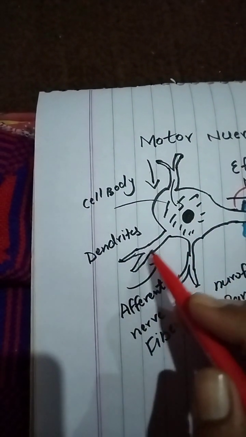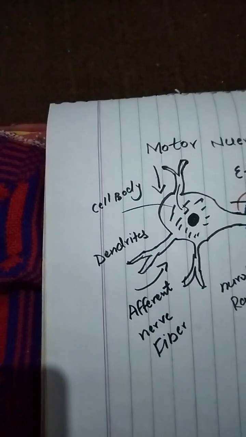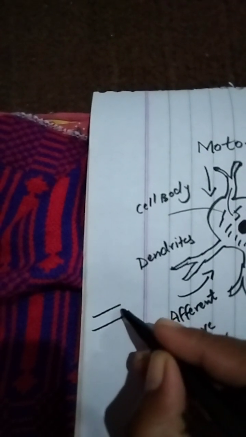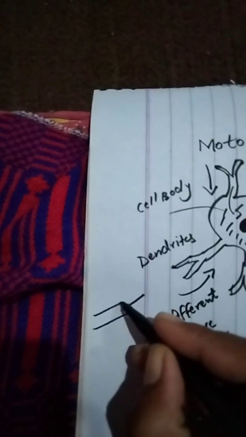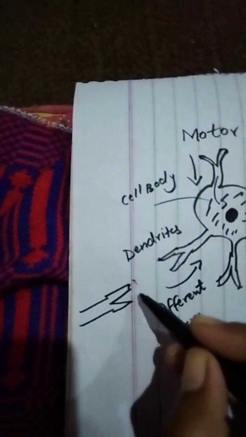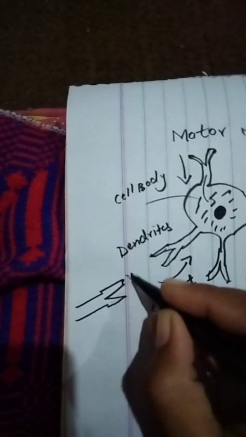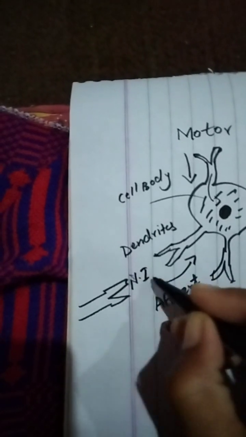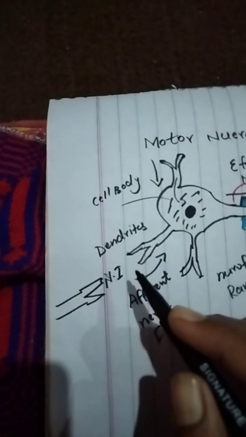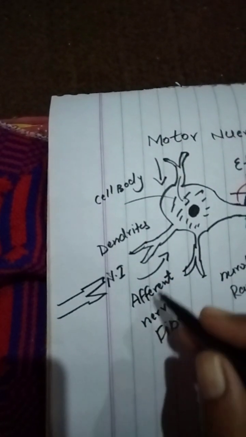Dendrites are tree-like structures that carry nerve impulses from the dendrites of other neurons, toward the cell body.